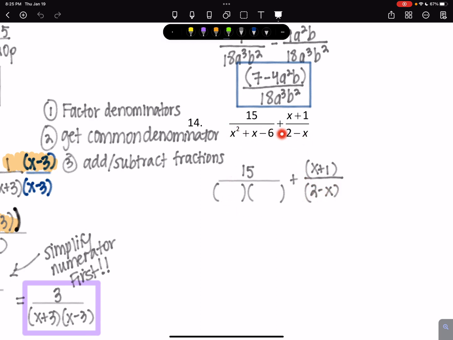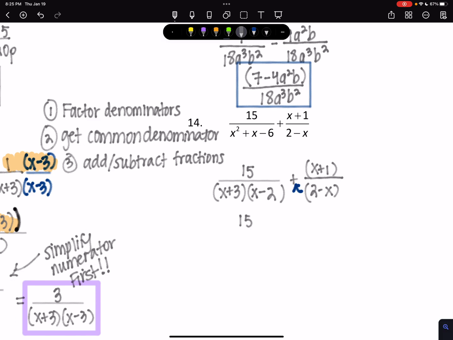I'm going to factor the x squared plus x minus 6, and that's going to factor to (x plus 3)(x minus 2). Now, it would be really nice if this x minus 2 and this factor was also x minus 2. And we can make that happen by factoring out a negative and then bringing that negative to the plus sign and making it a subtraction.